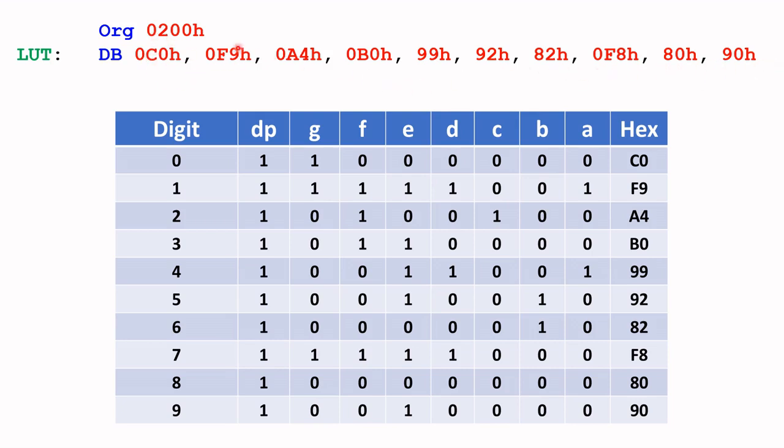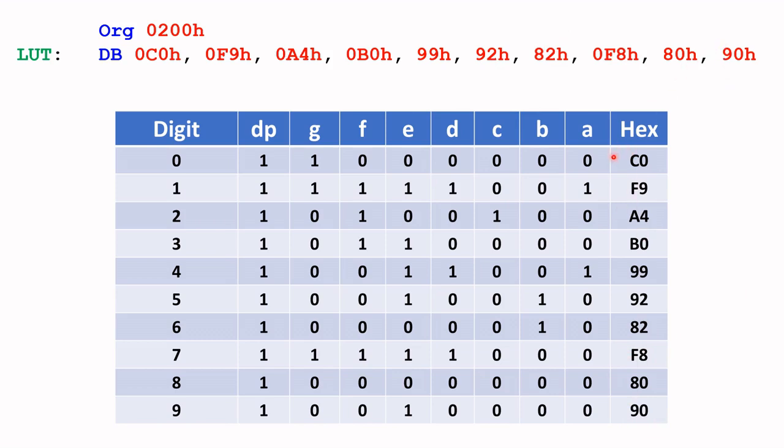These values are listed here. If you notice, this is C0, F9, A4, B0, 99, 92, 82, F8, 80, and 90.